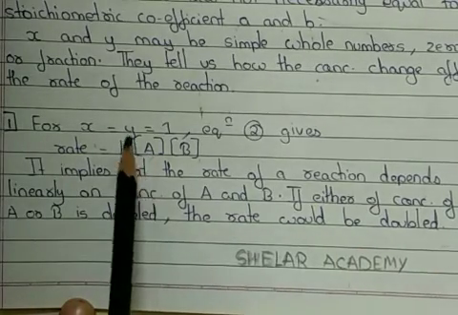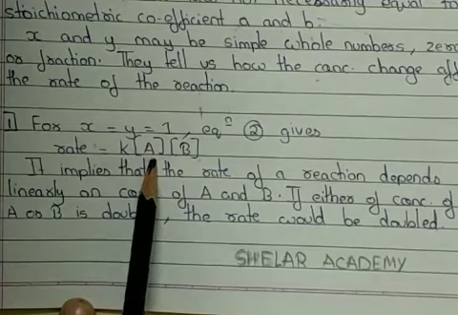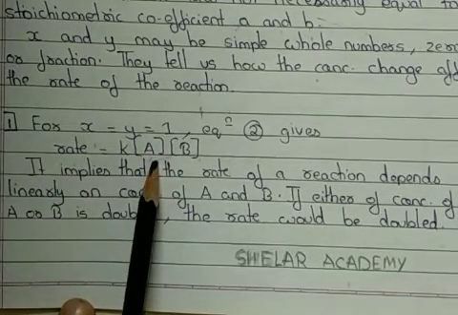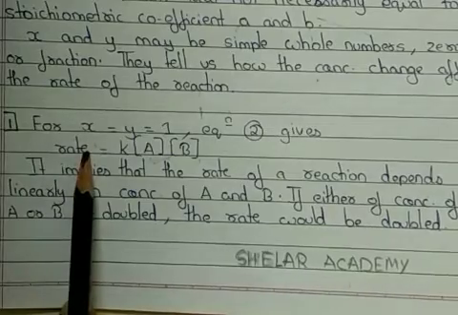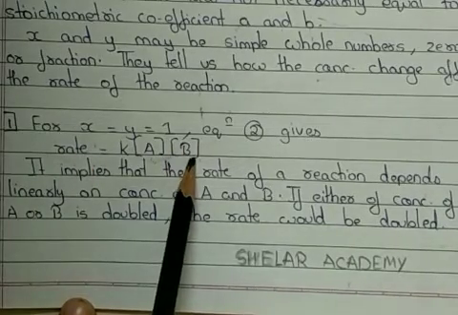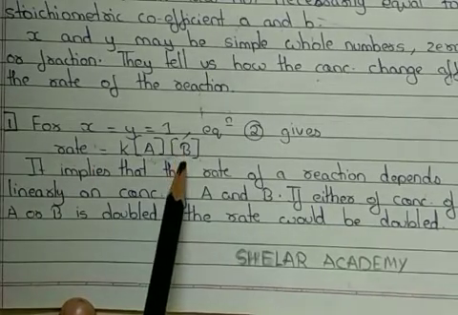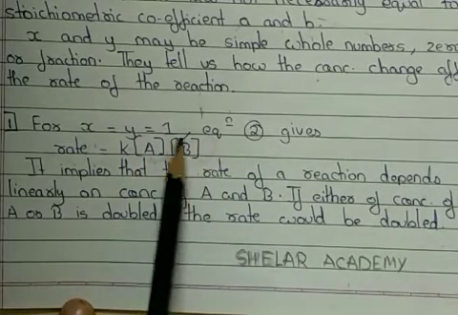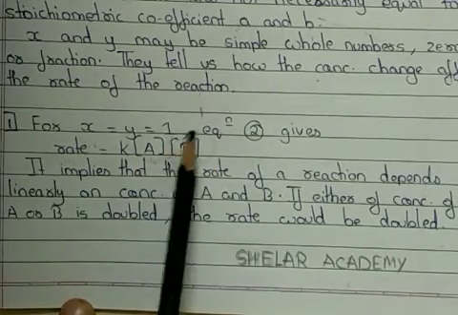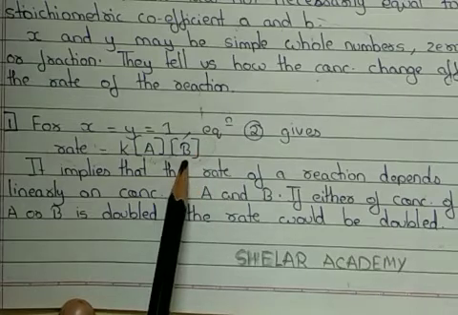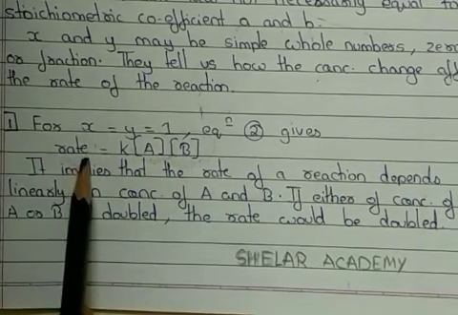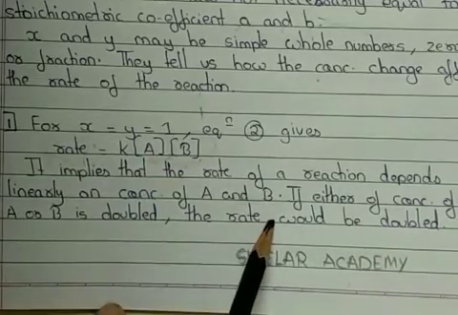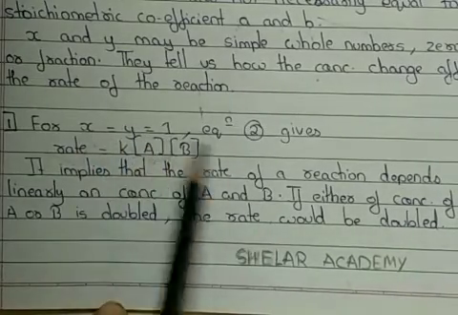If I quadruple the concentration of A, the rate will also quadruple. If I triple the concentration of A, the rate will also triple, keeping the other concentration constant. If I keep the concentration of A constant and change the concentration of B by whatever factor, the rate of reaction will change by the same factor. This is the first case, when my exponents x and y are 1.